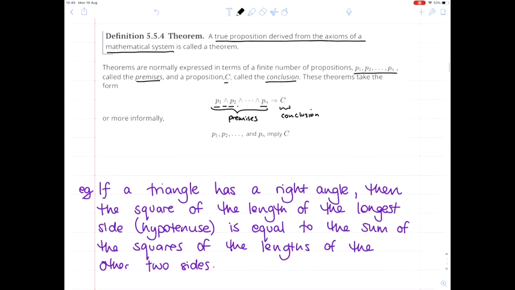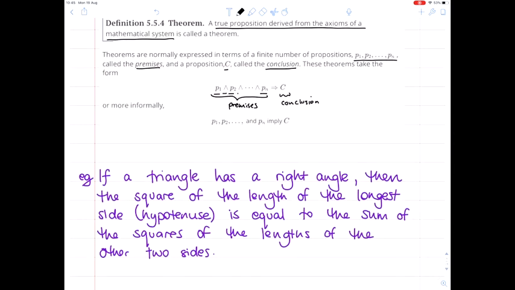I'm pretty sure that you're familiar with this theorem: if a triangle has a right angle, then the square of the length of the longest side is equal to the sum of the squares of the lengths of the other two sides. This is Pythagoras' theorem. Let's see if we can write this out. So we have: if a triangle has a right angle.